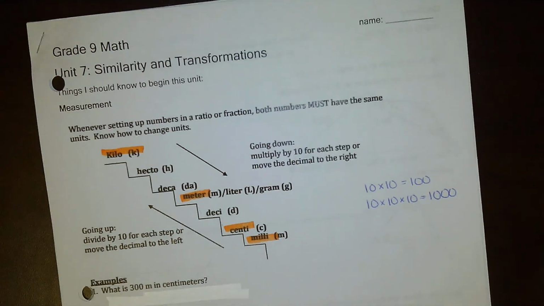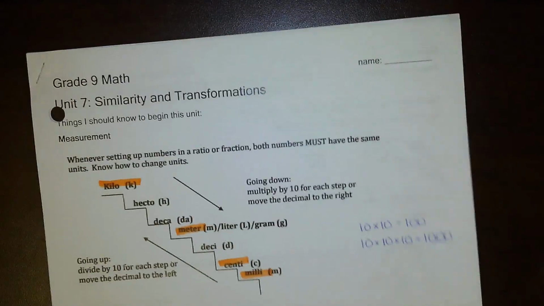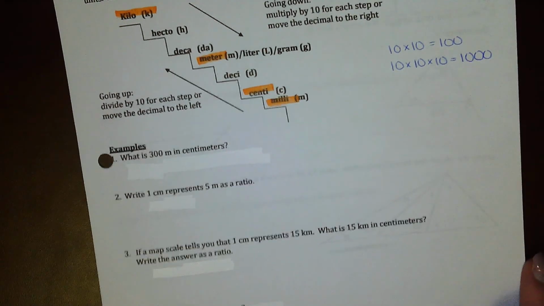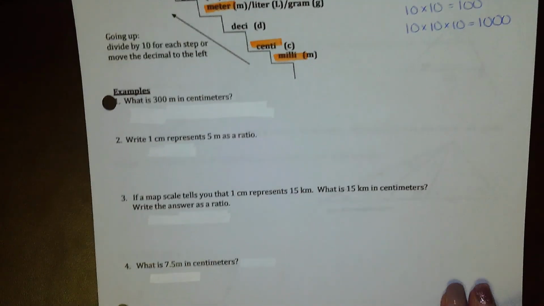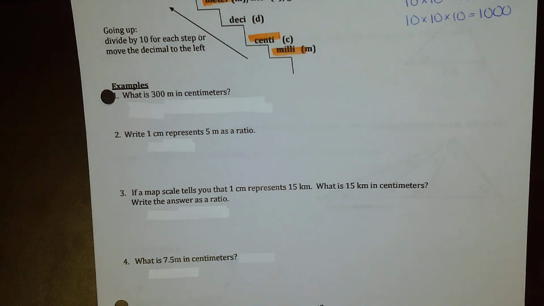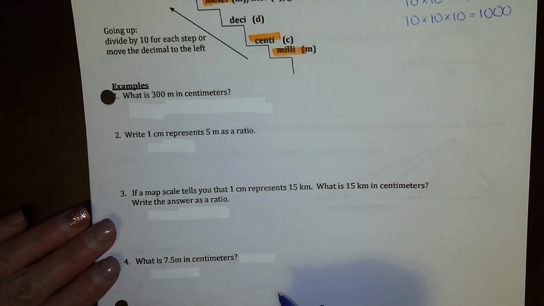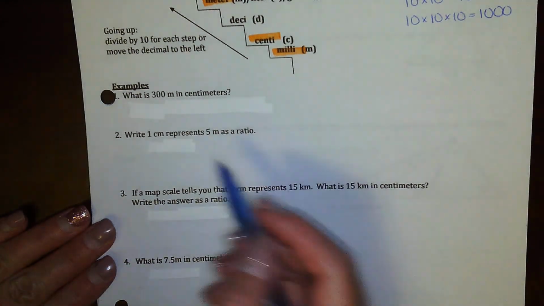Okay? So let's just do a couple quick examples here. And I'm going to put some worksheets, some questions, for you to get some practice. So what is 300 meters in centimeters?